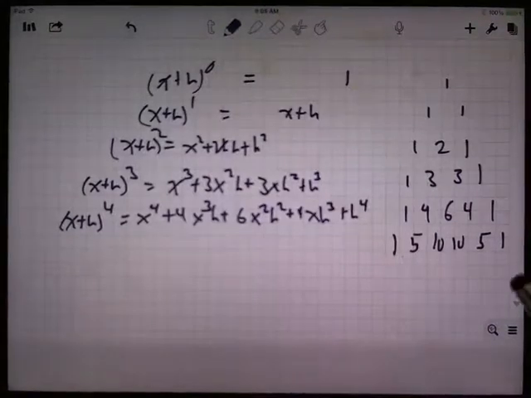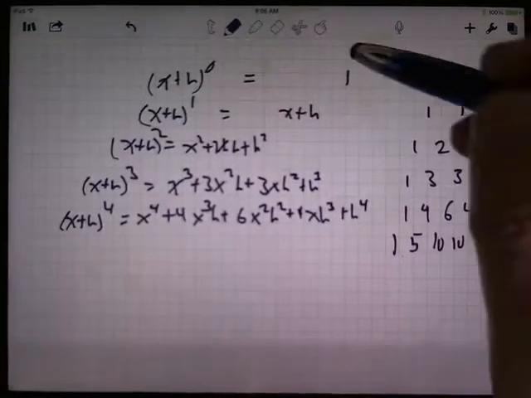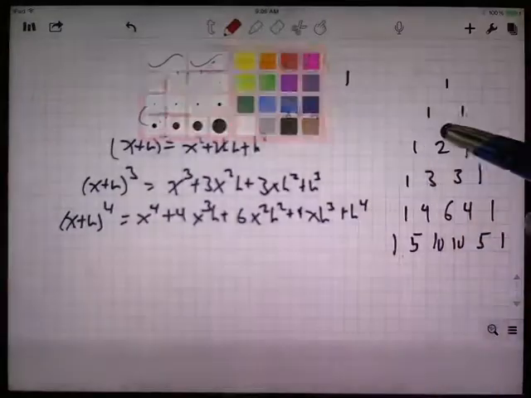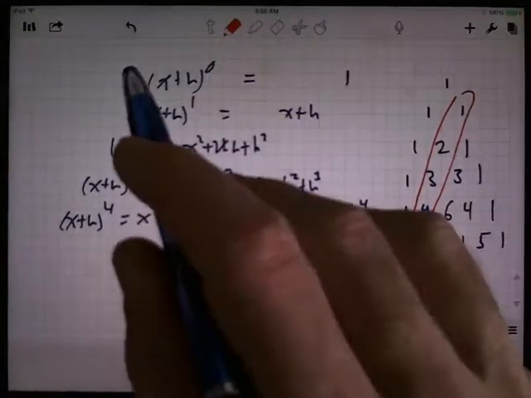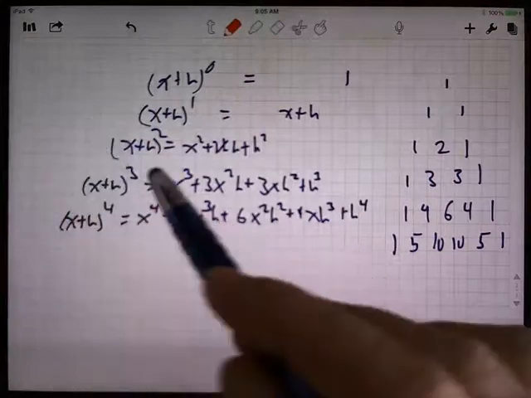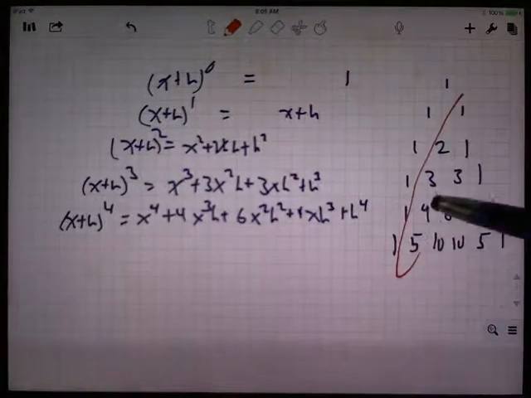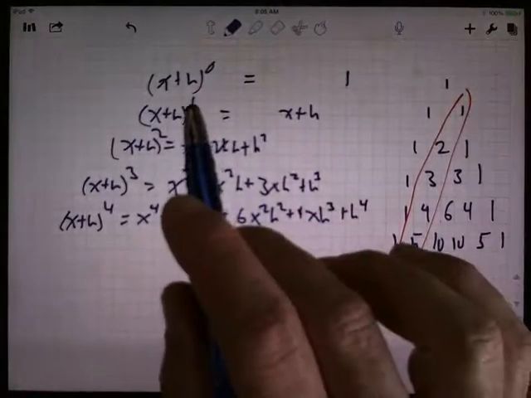The thing that I notice that I'm going to use for what we're doing is this column, just sort of diagonal, I guess, right here. That number, oops, I did want that circled, that number is the same as the exponent.